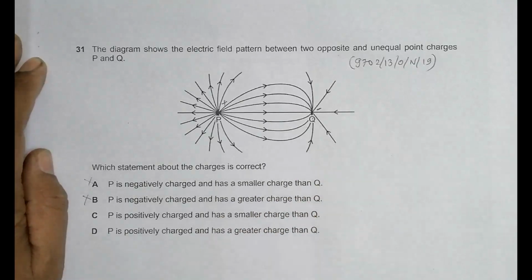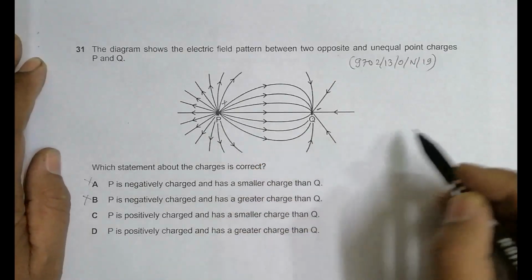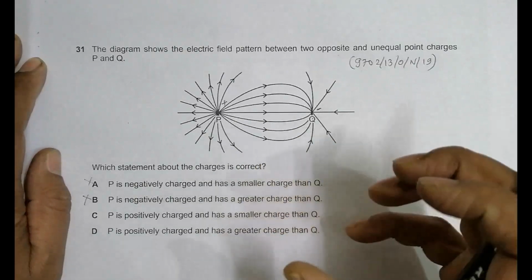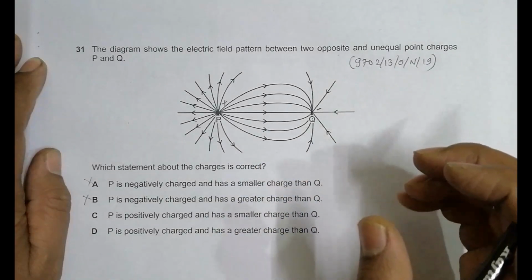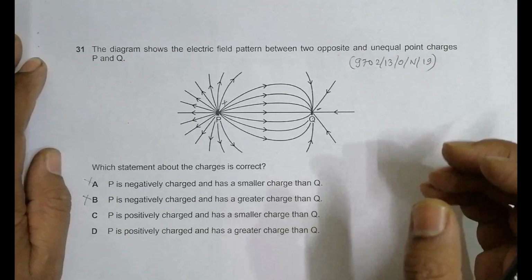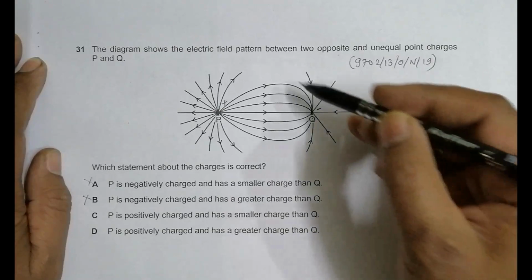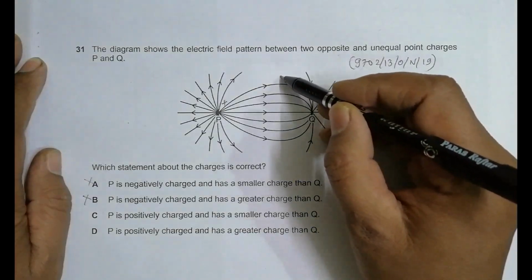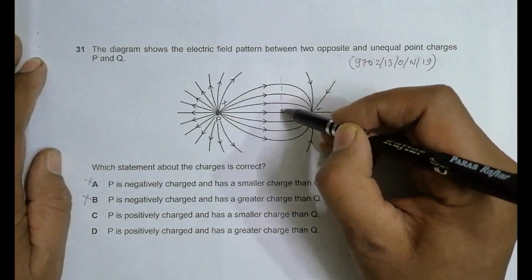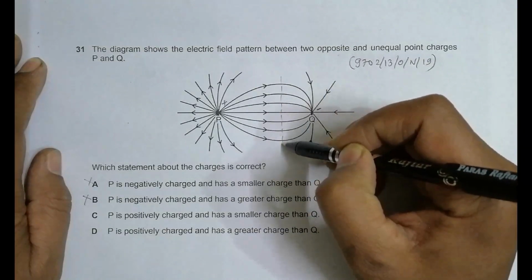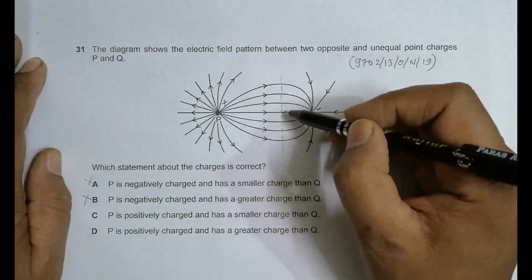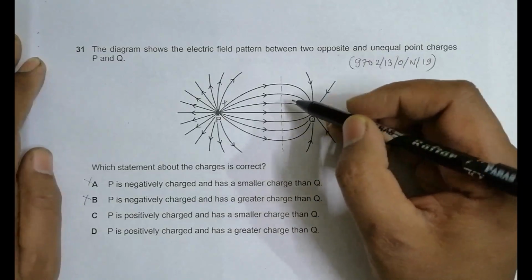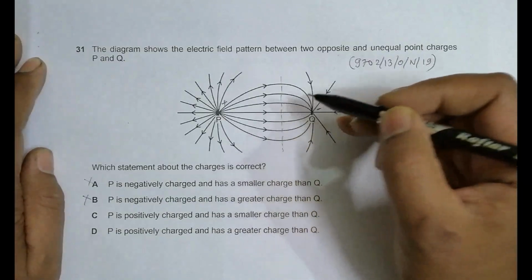Now regarding the magnitude of charges, let us search for that region where the electric field lines are parallel. If we go through here, this is the region where the field lines are parallel. It means that here the electric lines of force will be a uniform electric field.